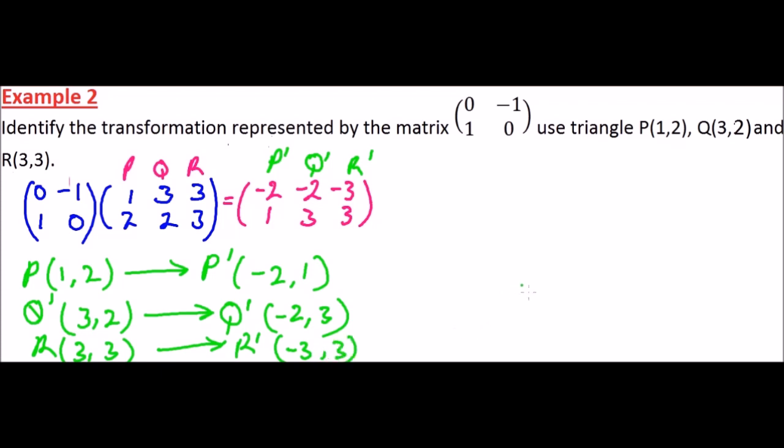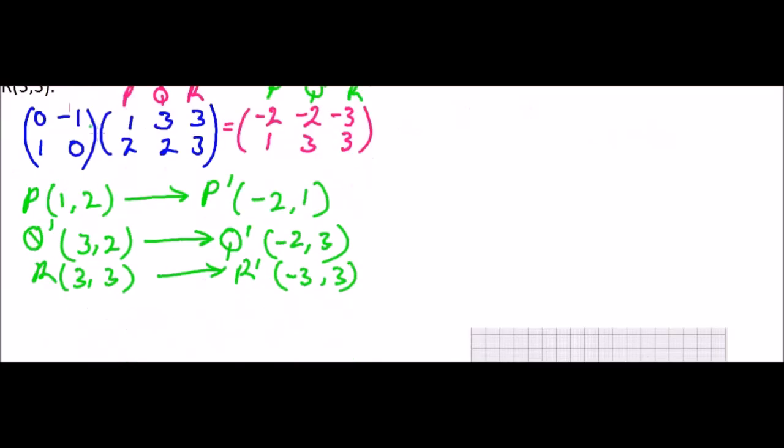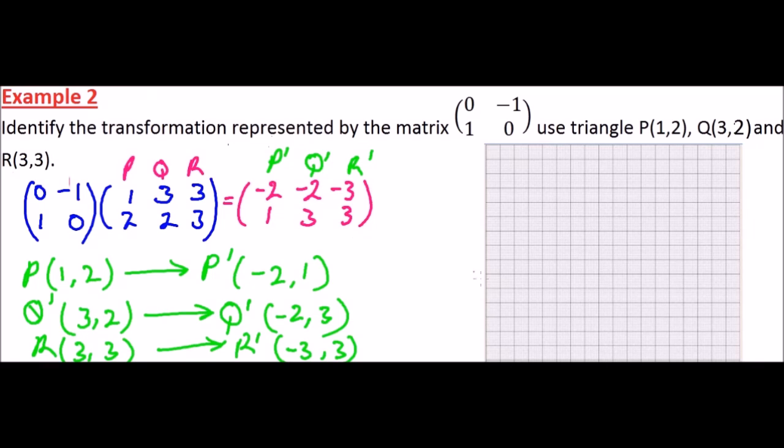Now what we do is we are going to plot the two triangles and observe what has happened to our triangle PQR, so that we get the image of our triangle P prime, Q prime, and R prime. So let's plot the two triangles. We are going to use this graph paper. So let's say this is where we have our 0 or starting point.